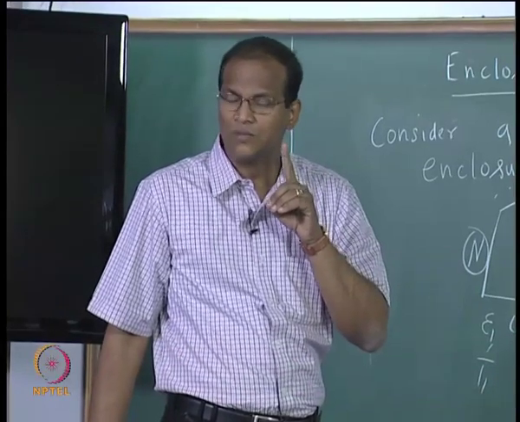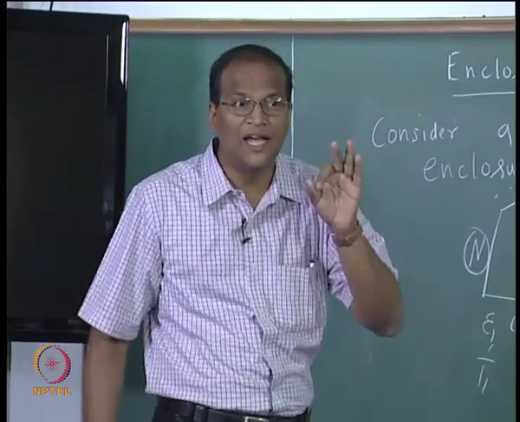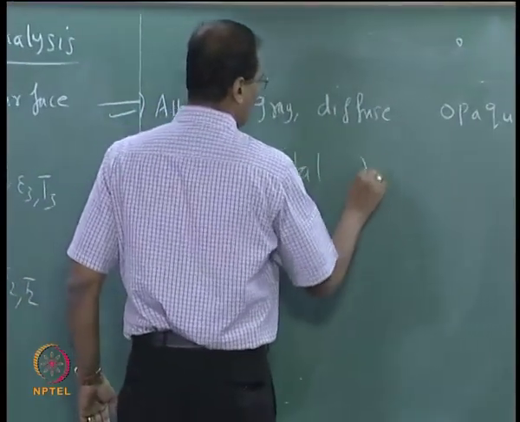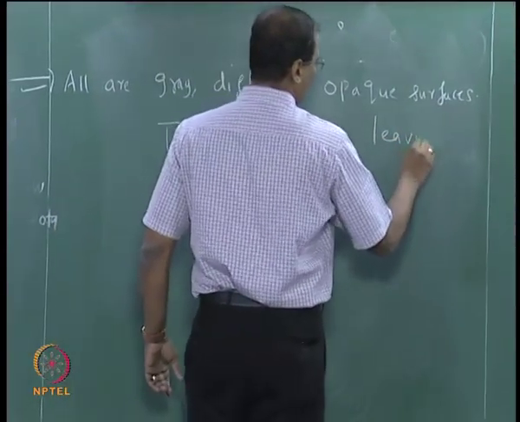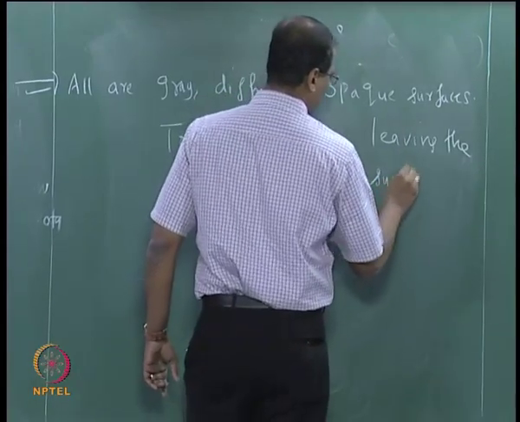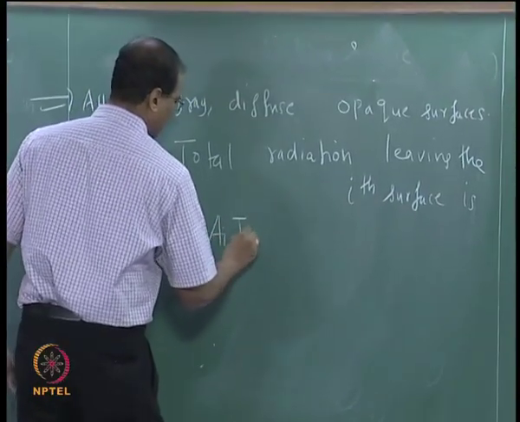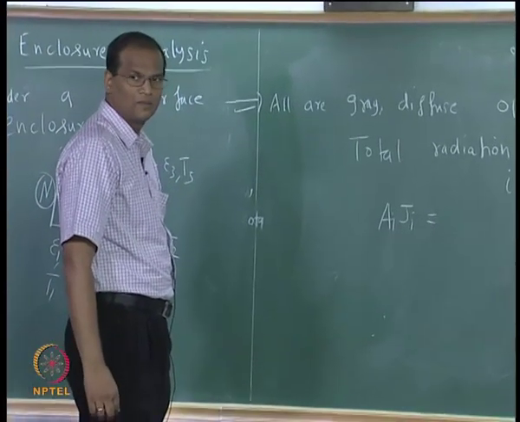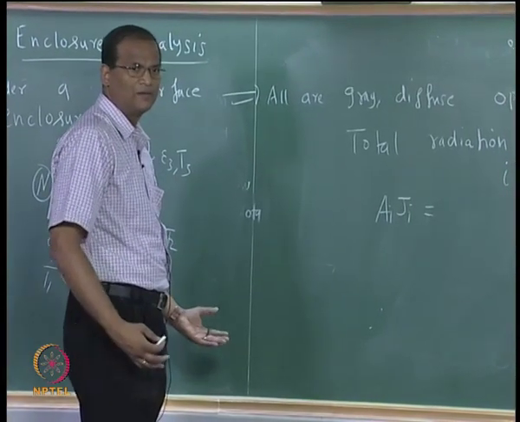Total Ji is still the flux. Ji into area, Ji into Ai. Total radiation leaving an ith surface must be equal to the first part, emitted, plus reflected.